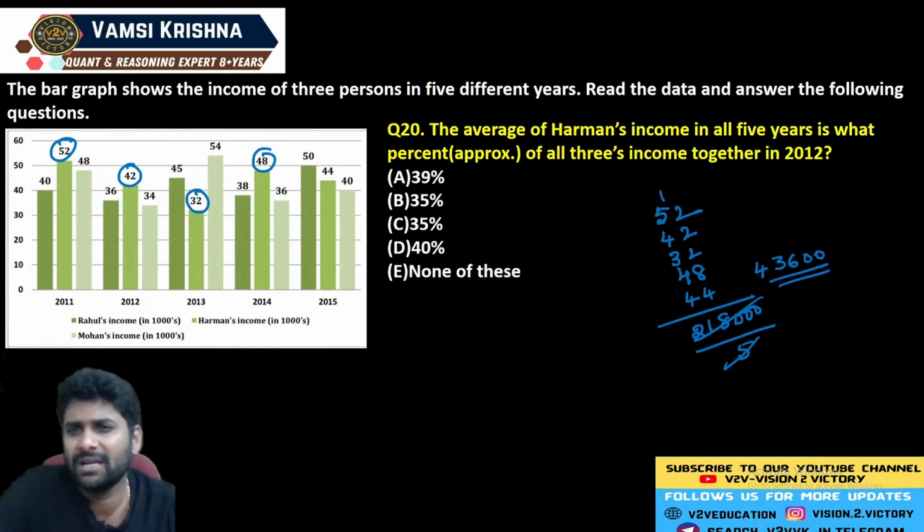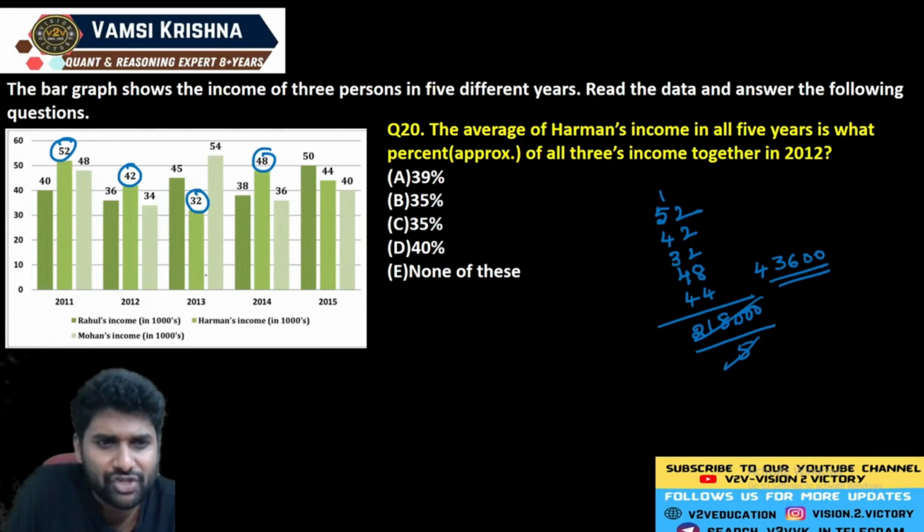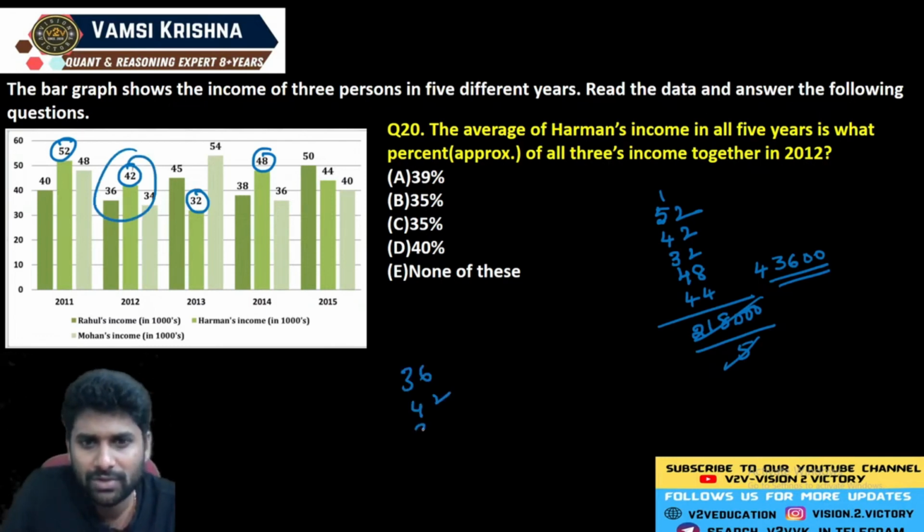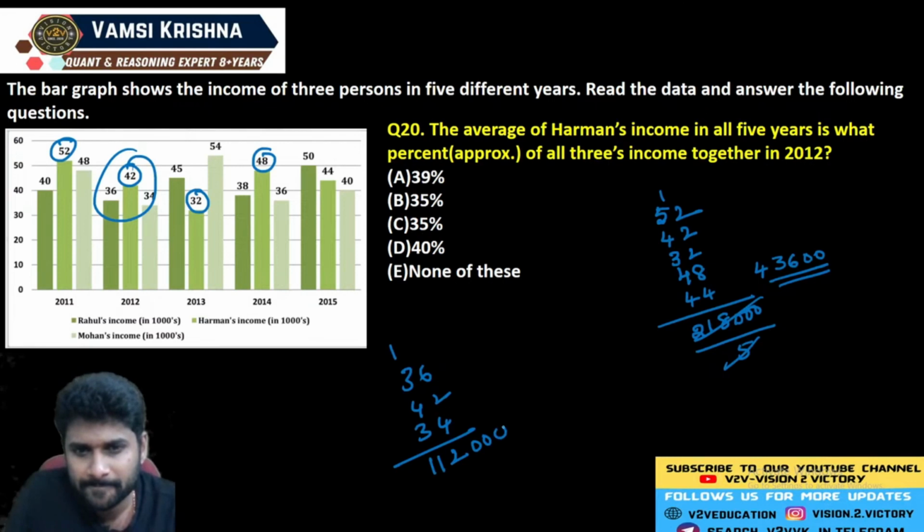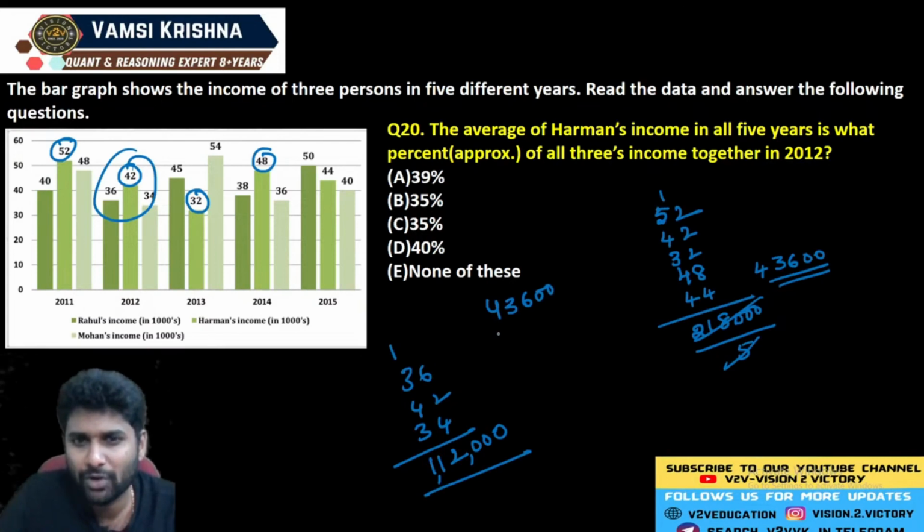Next one, see, what is the income of all together in 2012? 2012 all together, 36, 42, 34. It's 1,12,000. Here the question, see, 43,600 is approximately what percentage of 1,12,000?